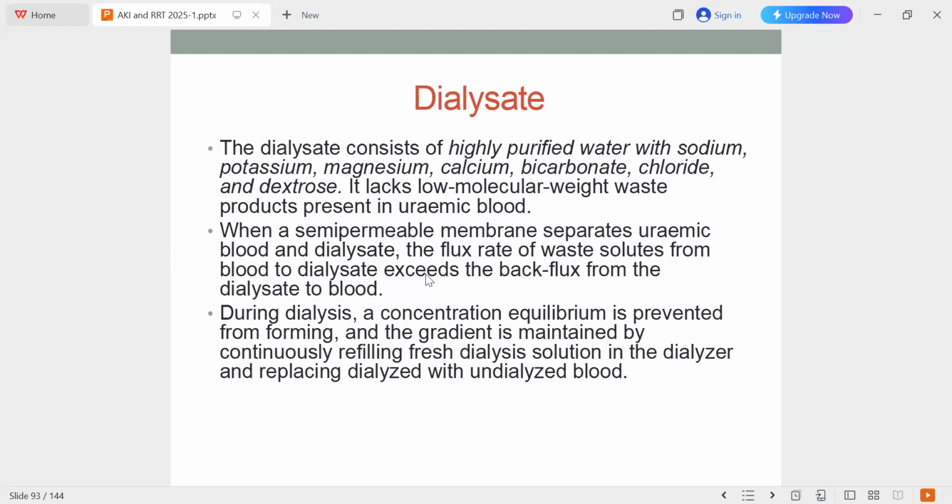But during dialysis, a concentration equilibrium is prevented from forming, and the gradient is maintained by continuously refilling the fresh dialysis solution in the dialyzer and replacing dialyzed with undialyzed blood. So as long as dialysis for that rate of 5 hours is concerned, equilibrium between the blood and dialysate is never reached.